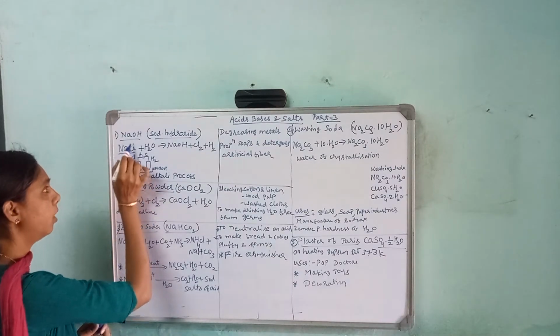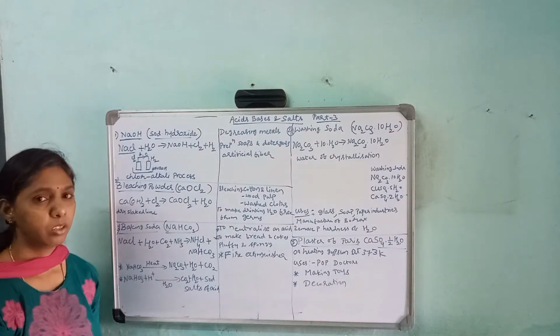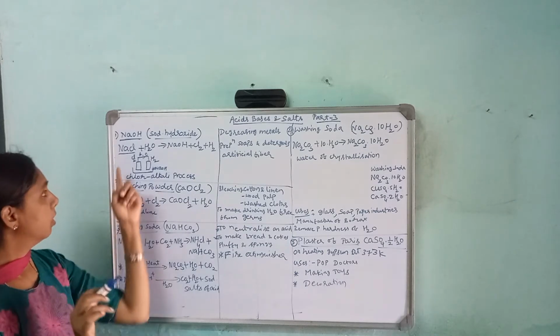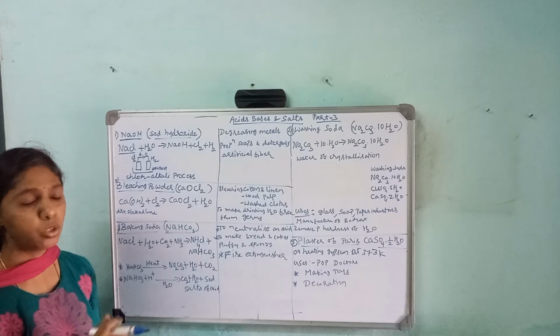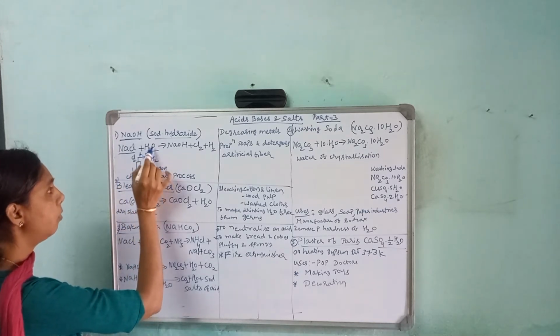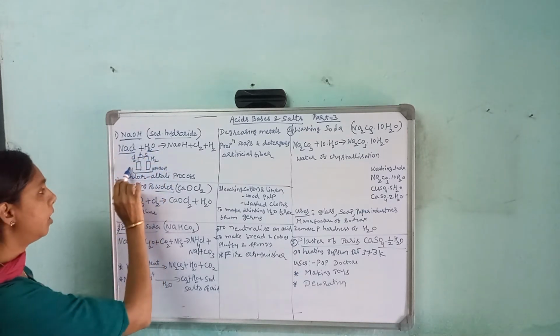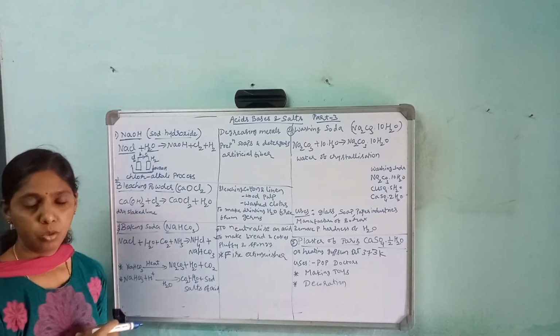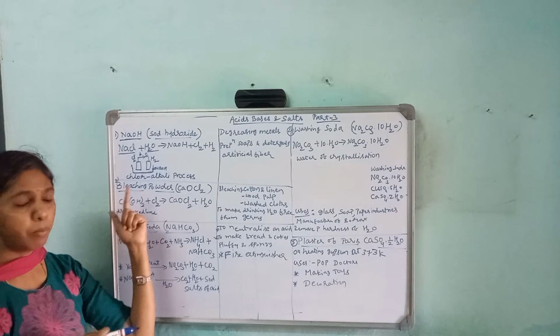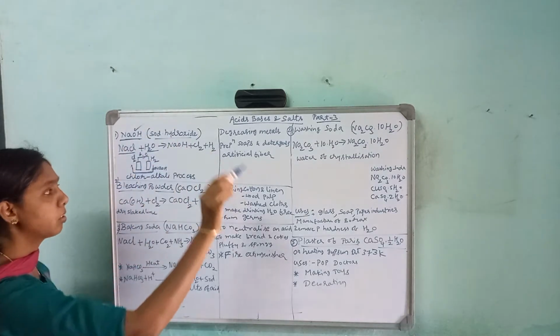They add water to the sodium chloride in a beaker and pass electric current through it. On passing the electric current, it decomposes to give sodium hydroxide.